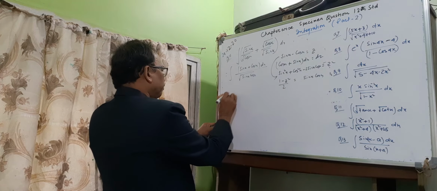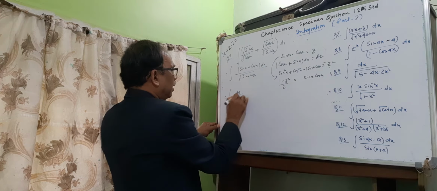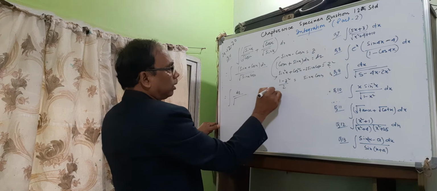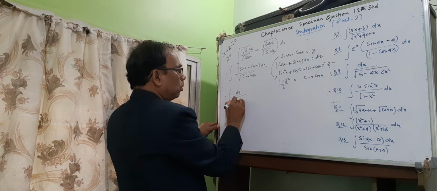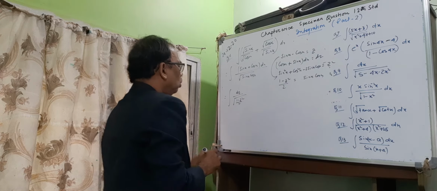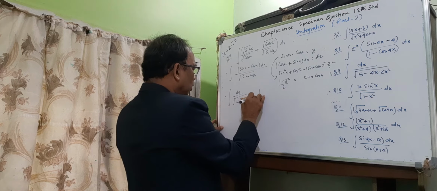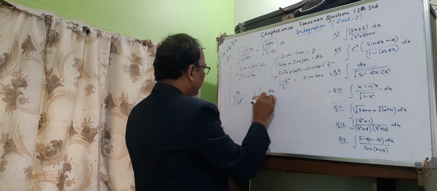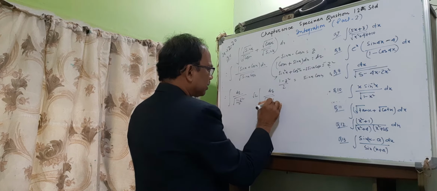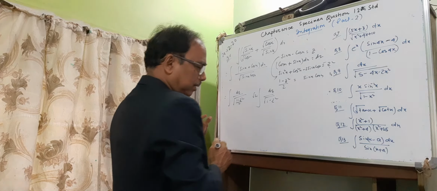Now this is dz over root of z square, this is root of (1 minus z square) by 2. We can write this integration as root 2 dz over root of 1 minus z square, which equals root 2 times the sin inverse z formula, dz over root of 1 minus z square.